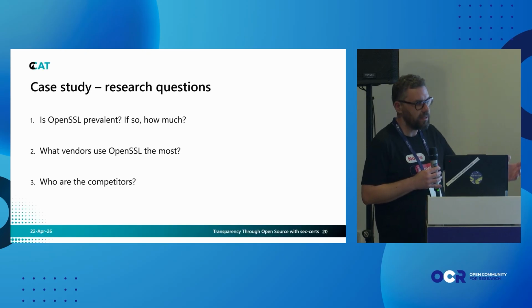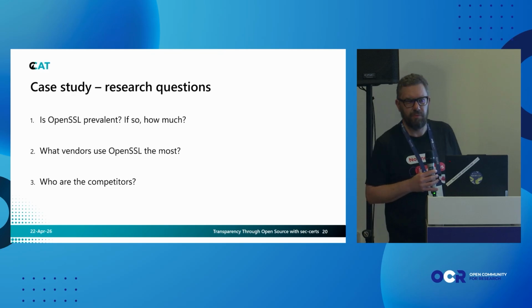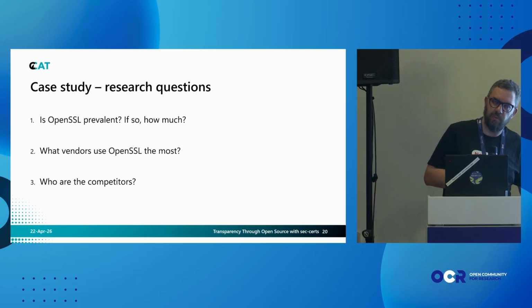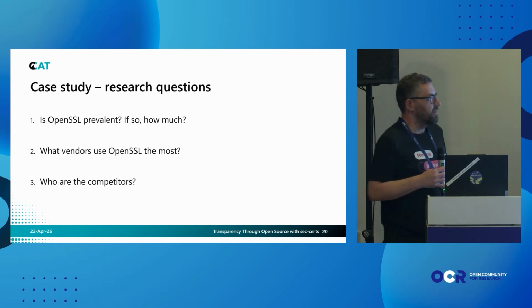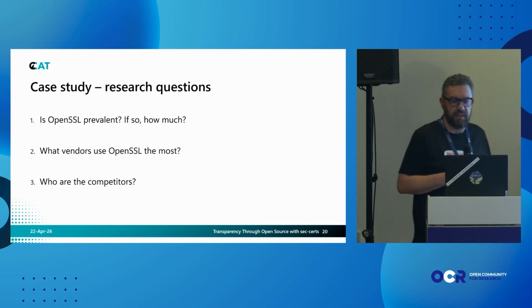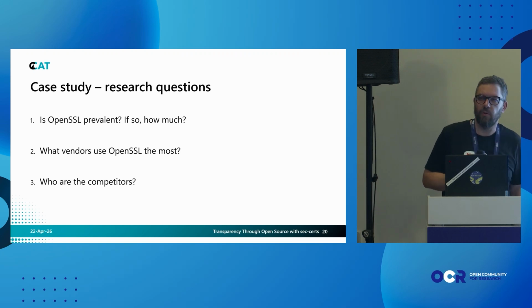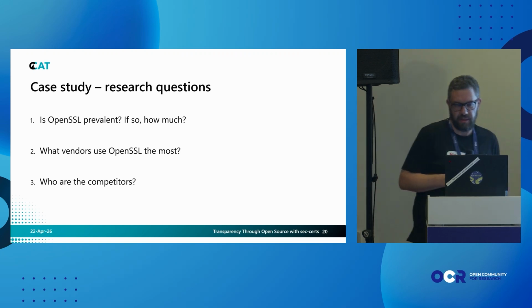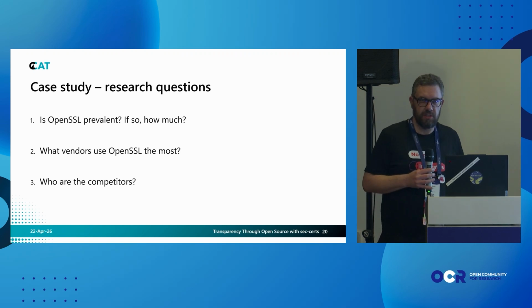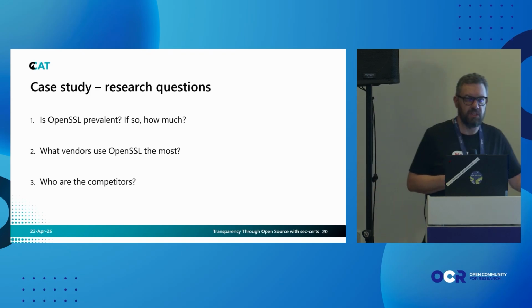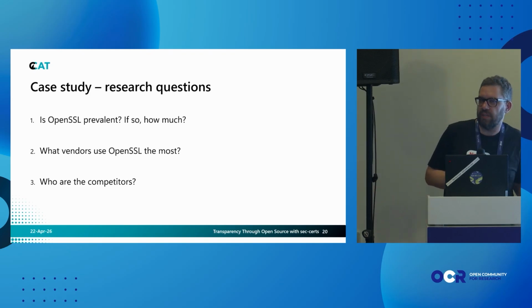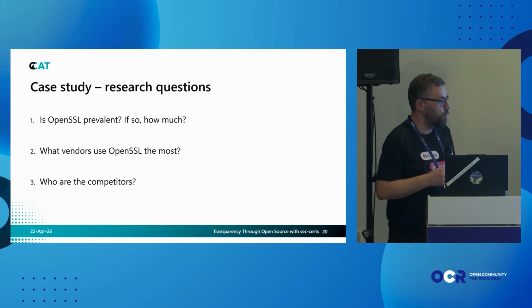We can see, can we get some business data for the OpenSSL project, like is OpenSSL still prevalent, how much, what vendors may use OpenSSL, because there's the OpenSSL Corporation that basically sells services like subscriptions to OpenSSL, and for them it could be an interesting question: are there any vendors we can come to and offer them our services? So that's one of the use cases.